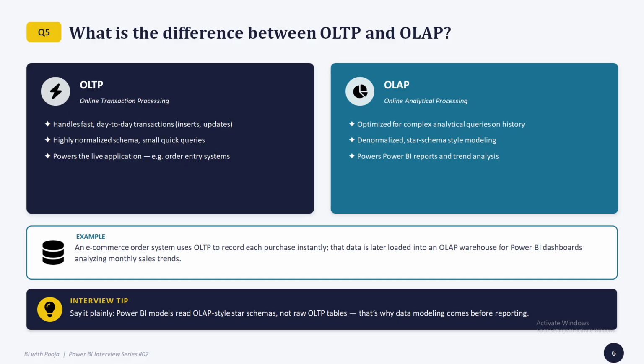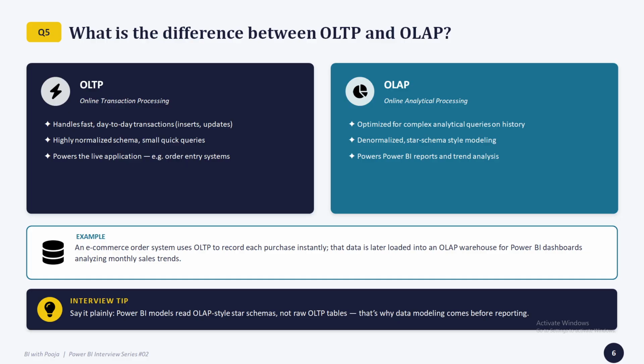For example, when a customer places an order and makes the payment, and updates their address, that data is stored in an OLTP system because these are daily transactions. Later on this transaction data is moved to the OLAP system, where tools like Power BI can be used to create reports such as monthly sales, top selling product, or profit analysis.